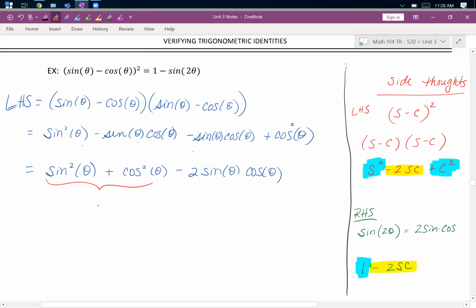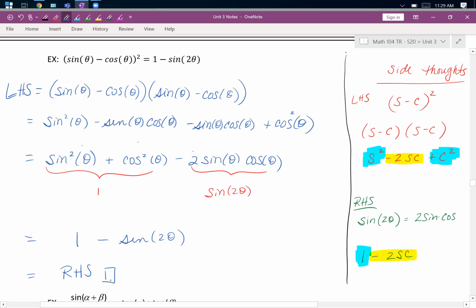All right, this is equal to 1. This is equal to sine of 2 theta. We're going to be equal to 1 minus sine of 2 theta. And that is our right-hand side. Questions at all?